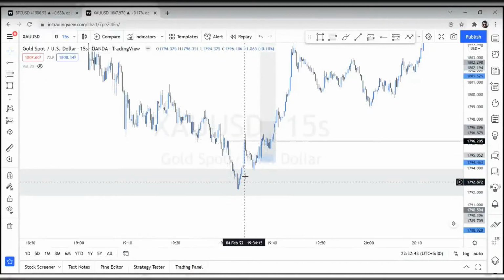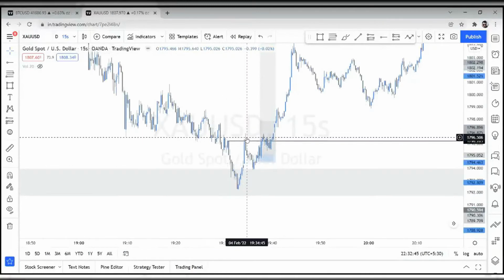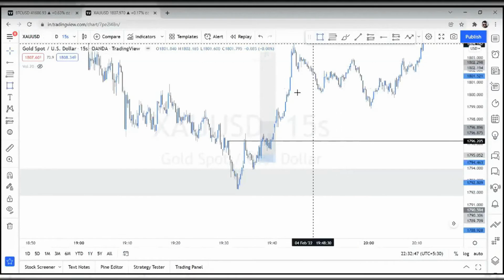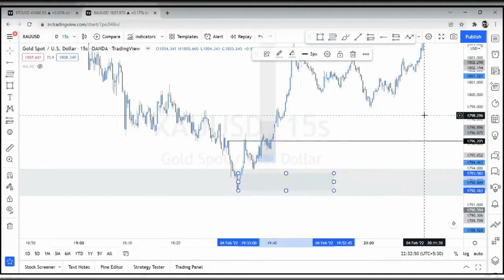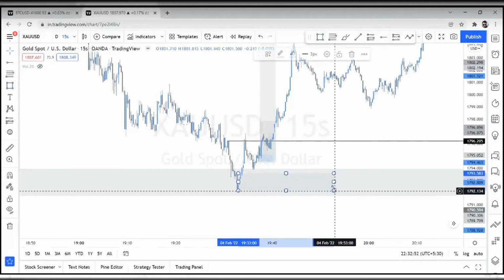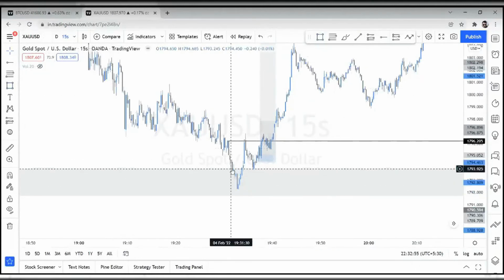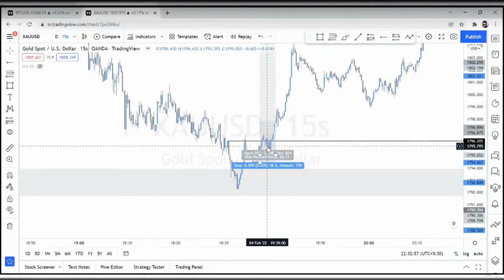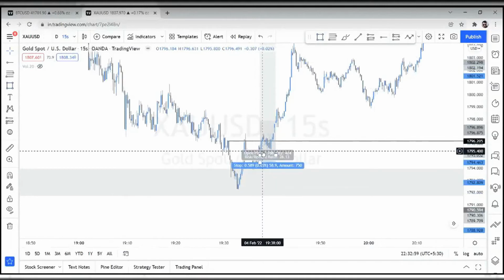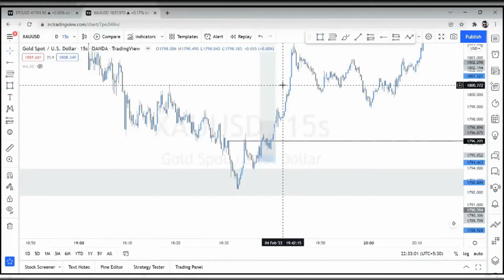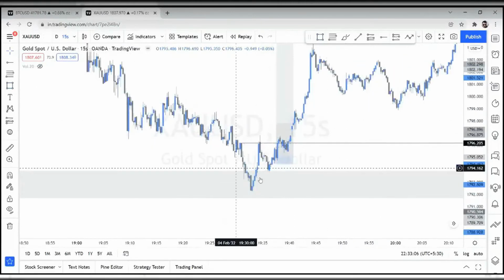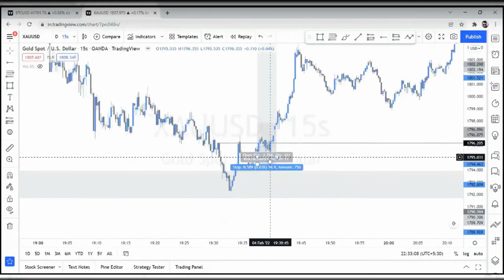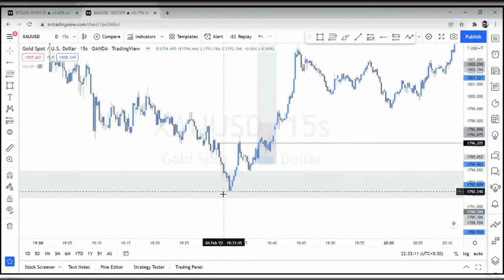So maybe on the retrace to this block, that's where we can involve ourselves for a buy. So that is the anticipation. This involvement, I won't go into much detail because this will be reserved for our private mentorship. These are the areas where you can involve yourself for CS entry, double MBs, triple MBs, all of that will come from private mentorship.